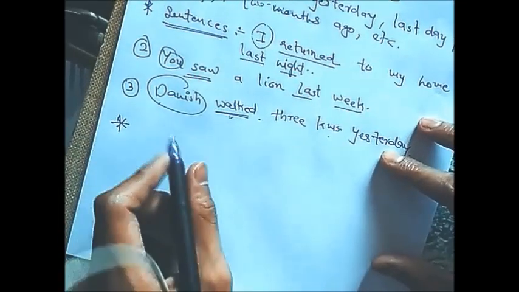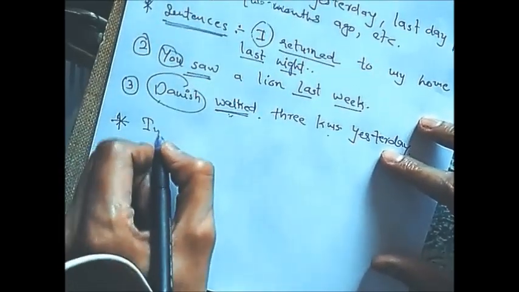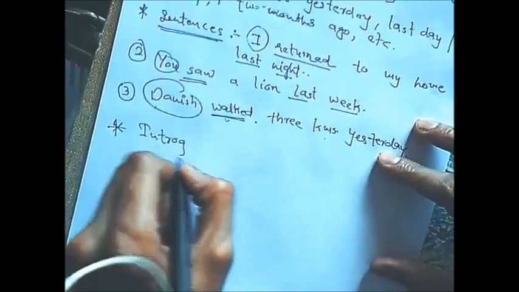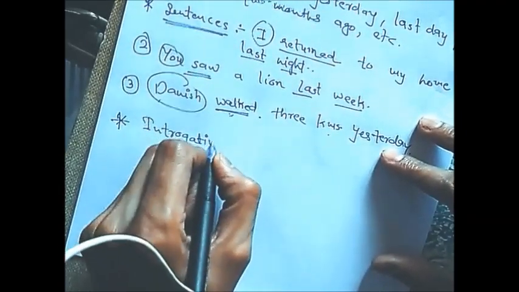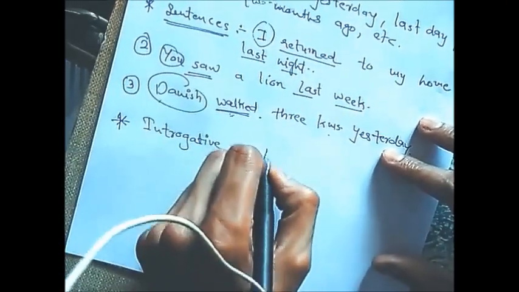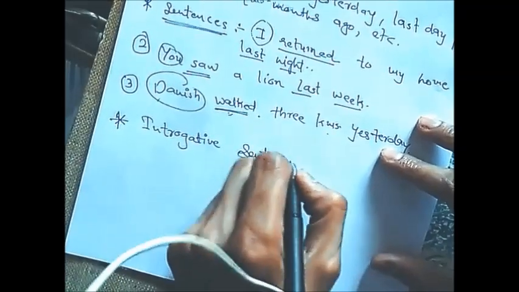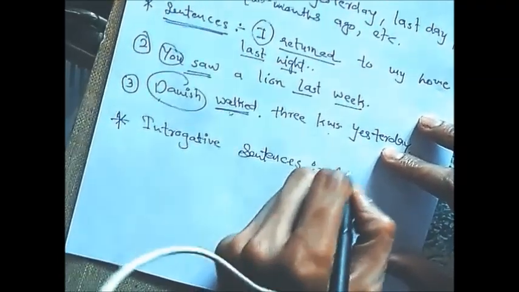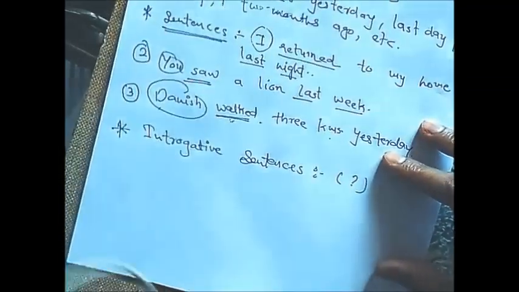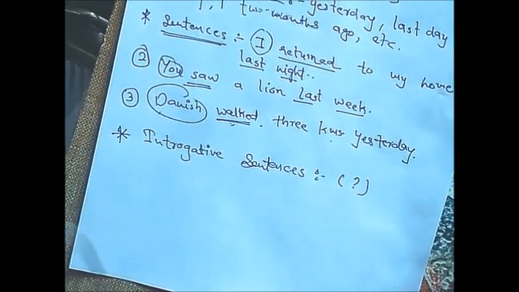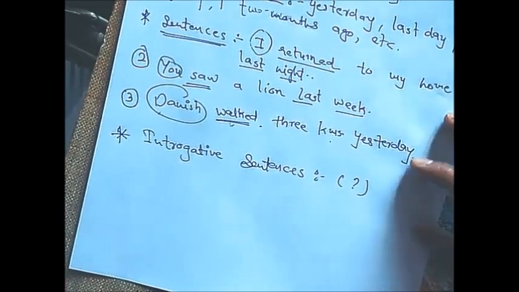Now let us take some interrogative sentences. How to make an interrogative sentence? Interrogative, that means having a question mark which seeks some kind of information, they are known as interrogative sentences.